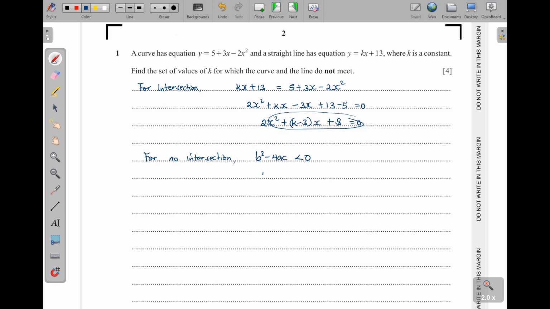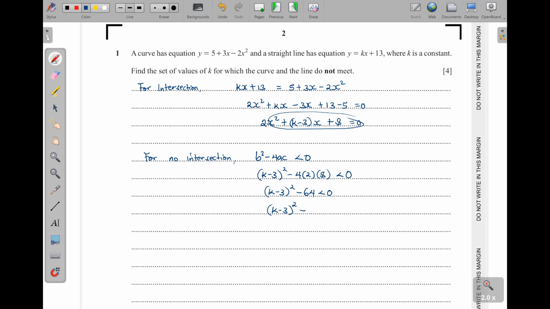So our b is k minus 3 squared, then minus 4, a is 2, and then this is 8, now less than 0. This is k minus 3 squared, and this is 64, less than 0. I'm not going to waste time by opening the brackets here because you have to get a quadratic from this.